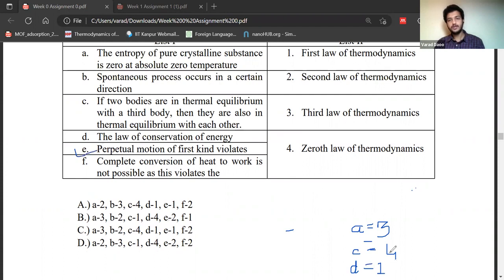E is also 1. I will write here E is equal to 1, first law, right?